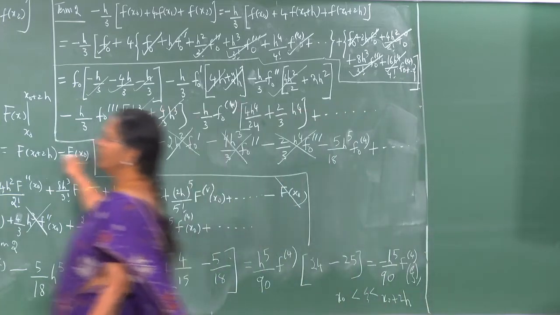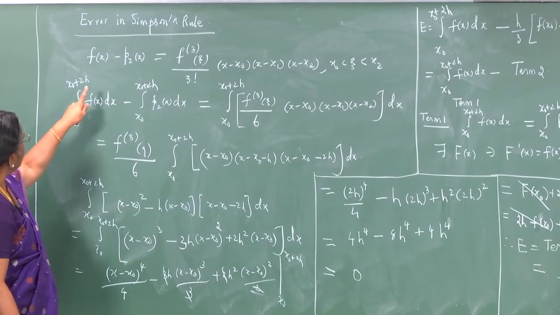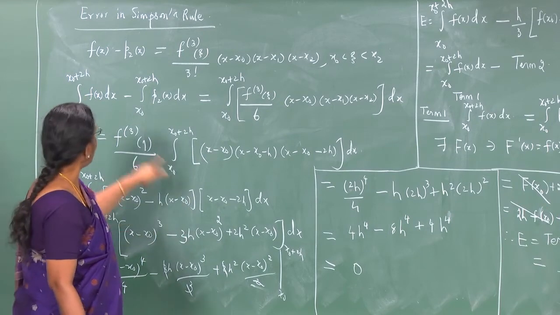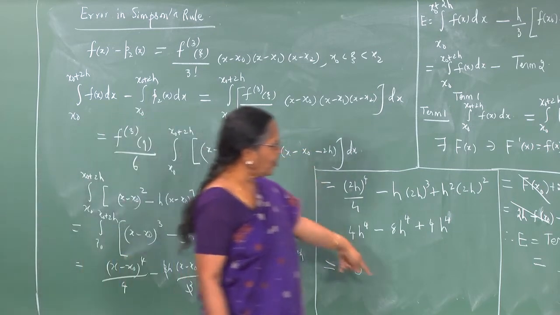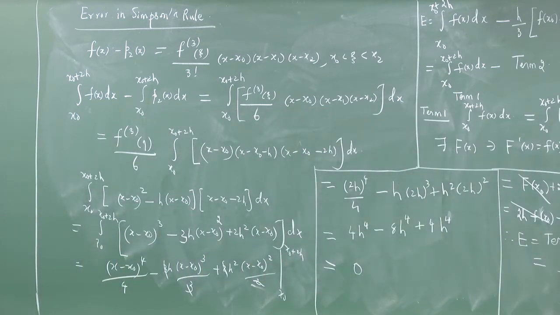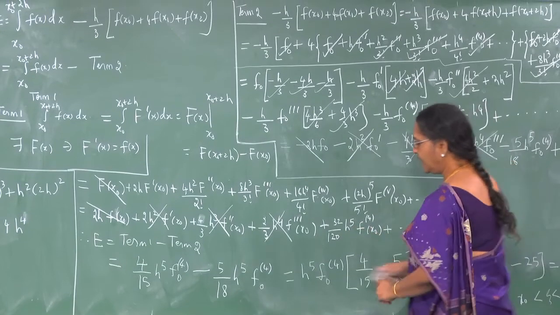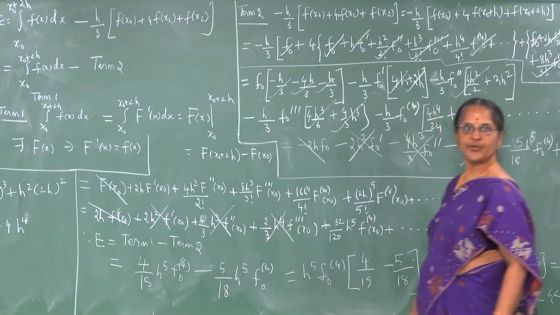When we computed the error using the expression for error in interpolation, we showed that the term which appeared with the third derivative turned out to be 0, and that is what happened here also. The next term which appears with the fourth derivative survives and it contributes to the error in Simpson's rule.